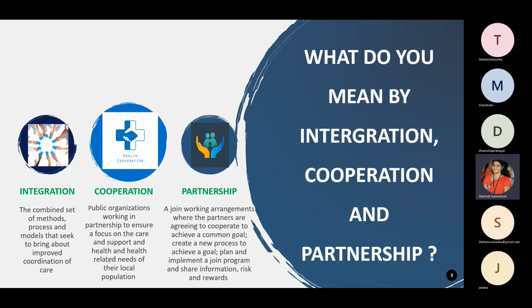And in cooperation, also, not both parties are going to be involved. Here one party has some kind of legal connection. Cooperation is actually a kind of legal connection where one party requests something from another party, and they need to provide some kind of statistics.